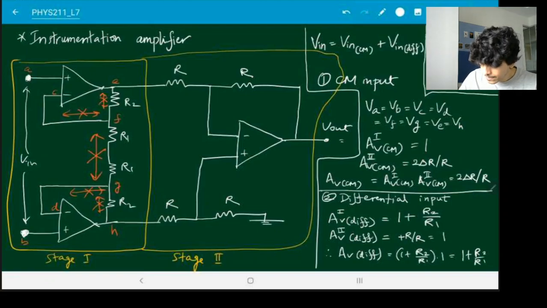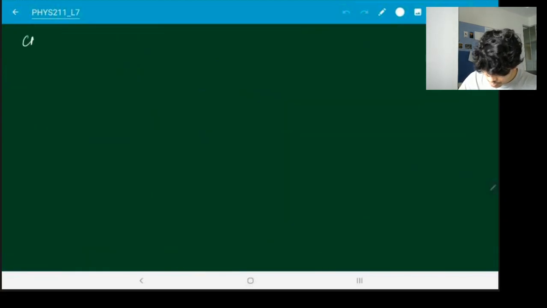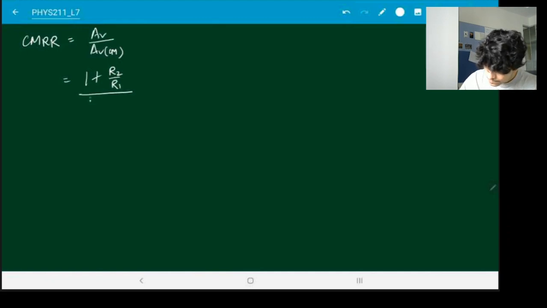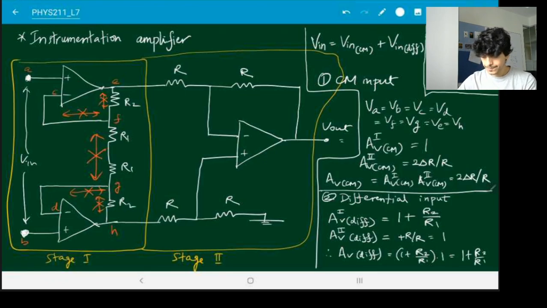So you can see that if I want to now define my common mode rejection ratio, this is AV over AV common mode. So this is 1 plus R2 over R1 divided by twice delta R over R. So if I want to increase my common mode rejection ratio, first of all, if I want to increase my differential gain, then all I have to do is increase R2, decrease R1.